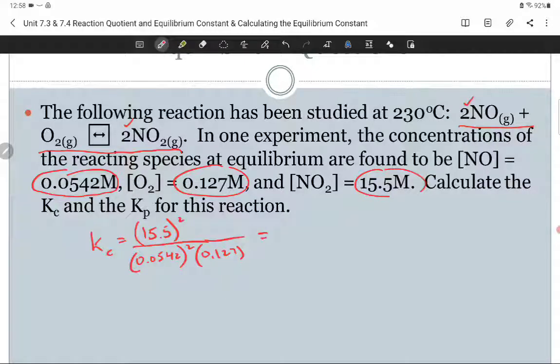Remember, I think it might have been the first section of Unit 7 that I said that the K answer, the equilibrium constant answer, will not have any units involved because the units are dealing with the kinetics of the forward and the kinetics of the reverse. And if you divide those two, that kind of takes the units away.